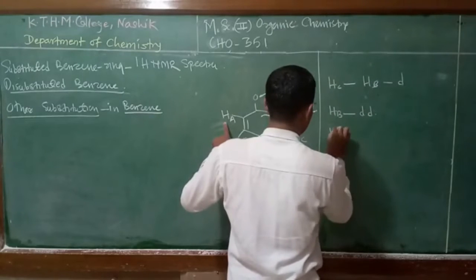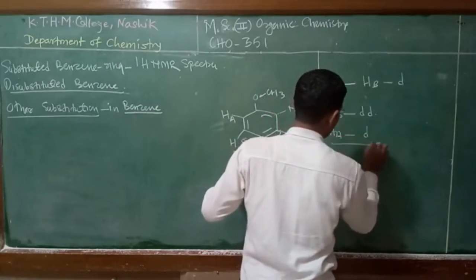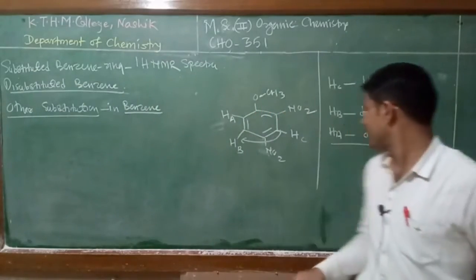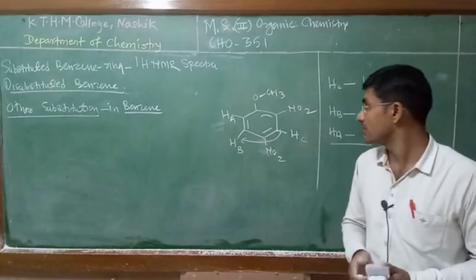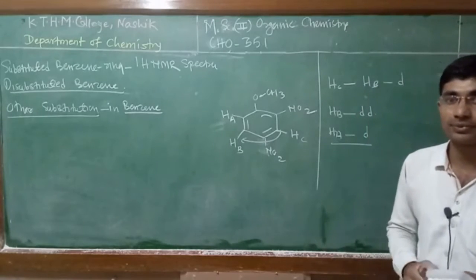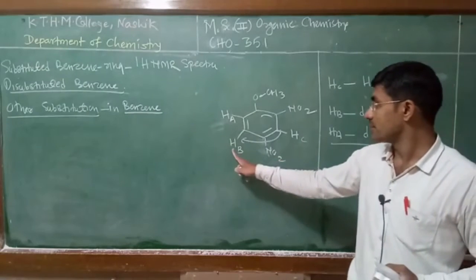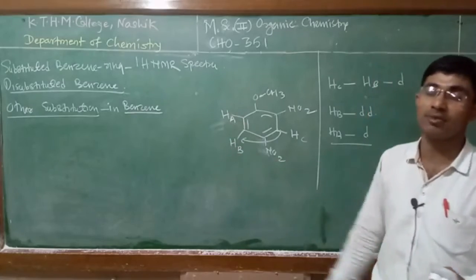And Ha is coupled with only Hb, so a doublet. So Hc is a doublet, Hb is a doublet of doublets, and Ha is a doublet, like we observe in this compound. This is the most downfield, then this is the most upfield, and in between these two, the Hb proton appears.